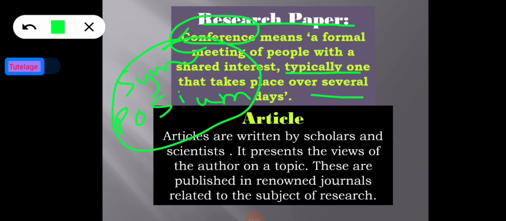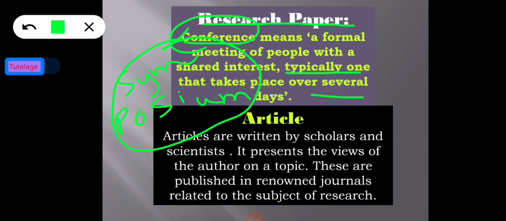A conference is basically a large scale, formal meeting of people, but a symposium is a small scale conference. So a symposium is a kind of conference also. I think what a symposium is, is clear.